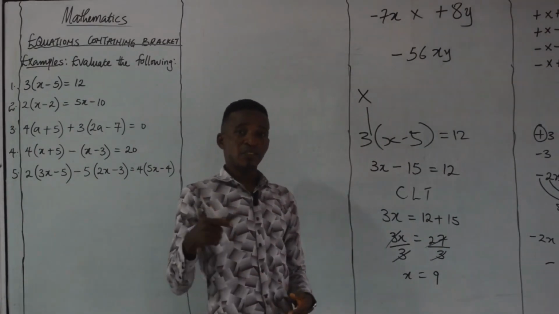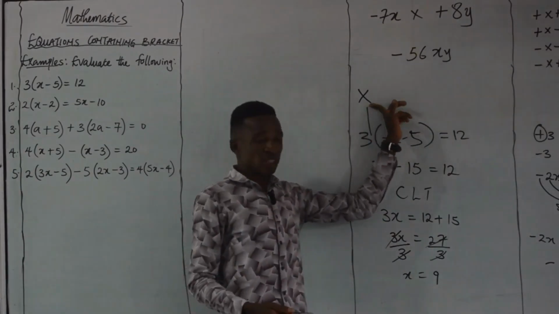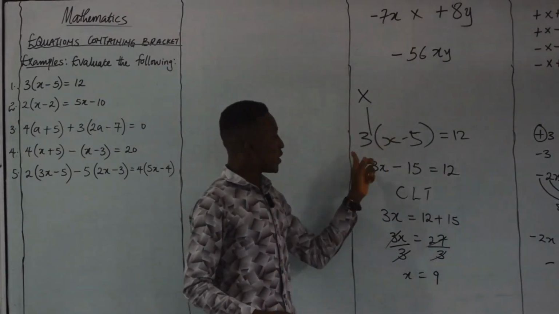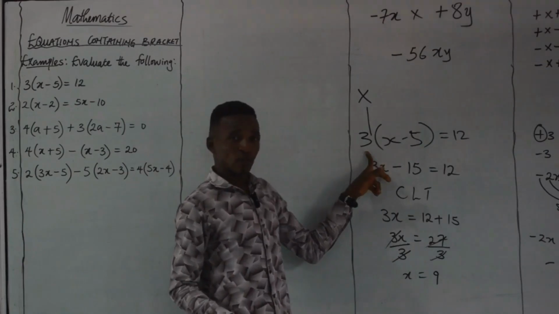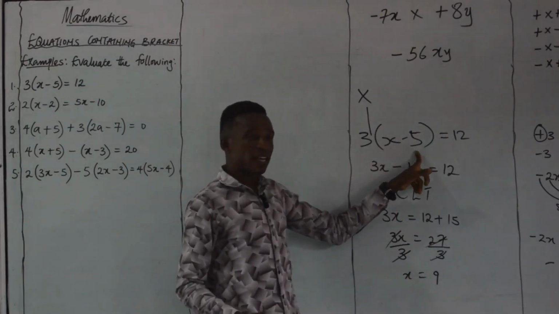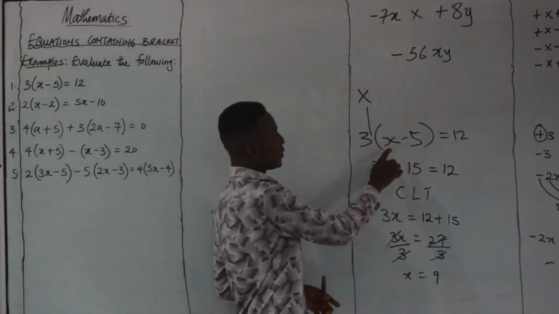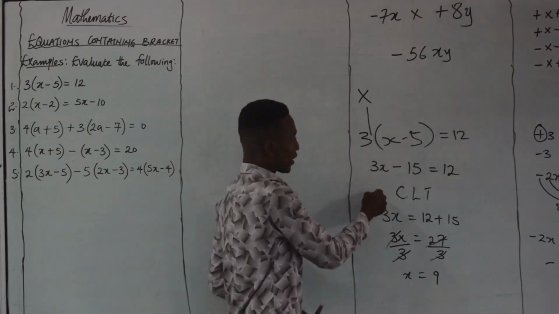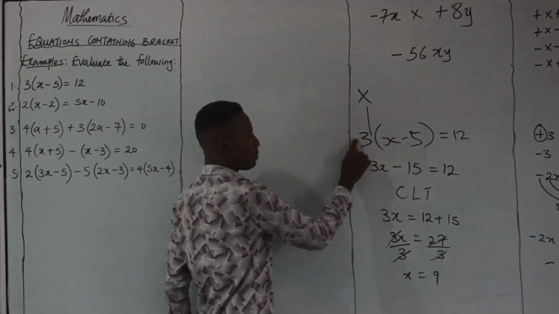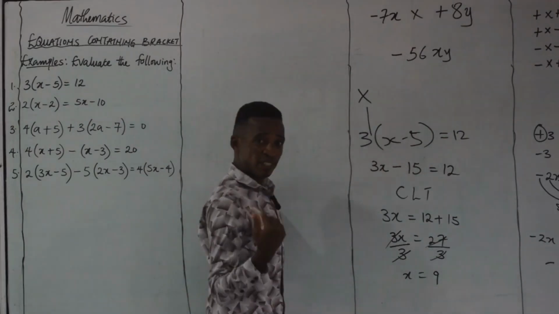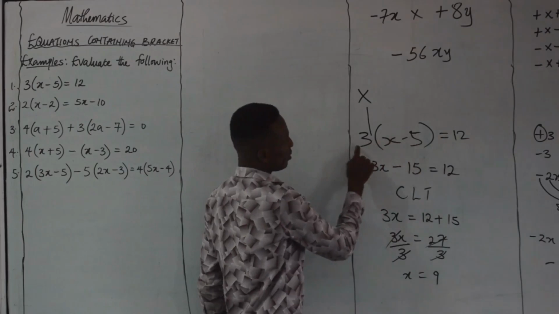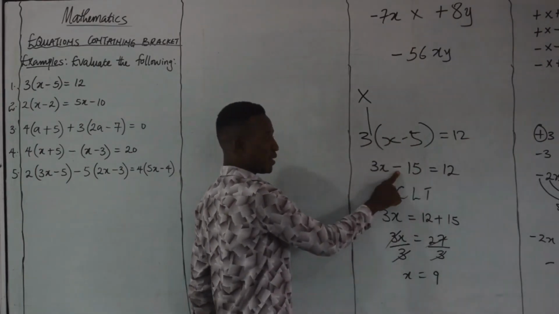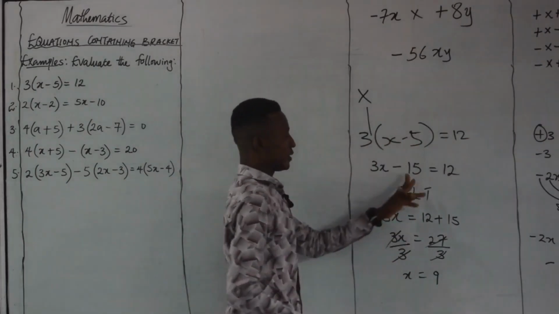But as a mathematician, you are expected to know that, which means when you are opening this bracket, you use this 3 to multiply each of the values inside the bracket. The first value here is x. 3 times x gives us 3x. For the second value, we have an invisible plus, and here we have minus. Plus times minus gives us minus. Then 3 times 5 gives us 15.